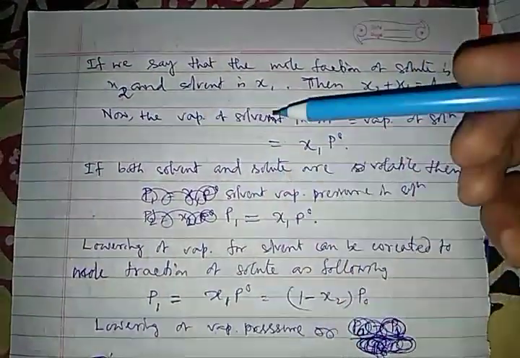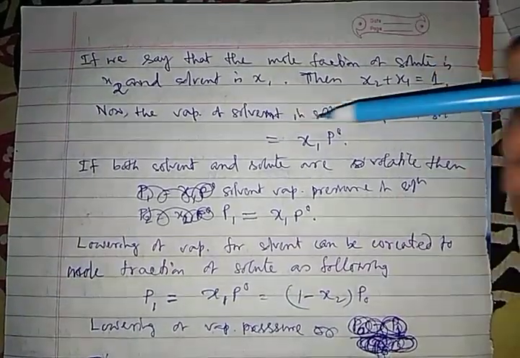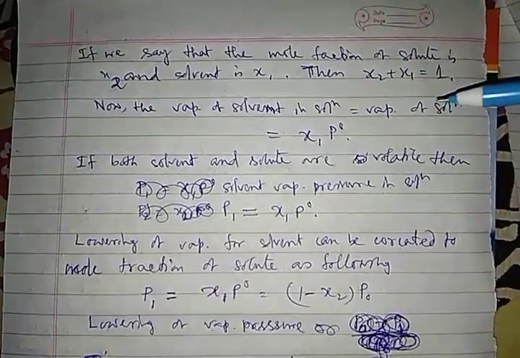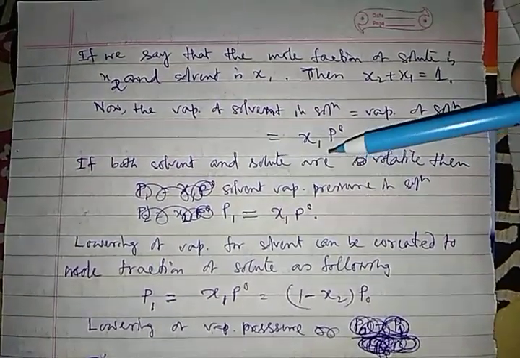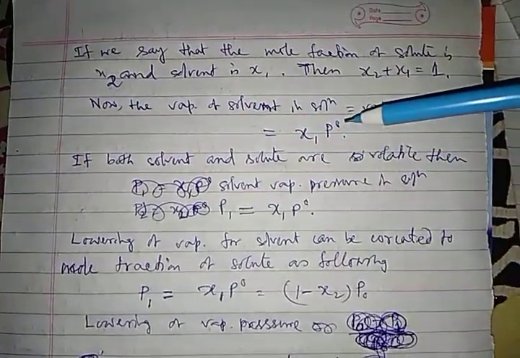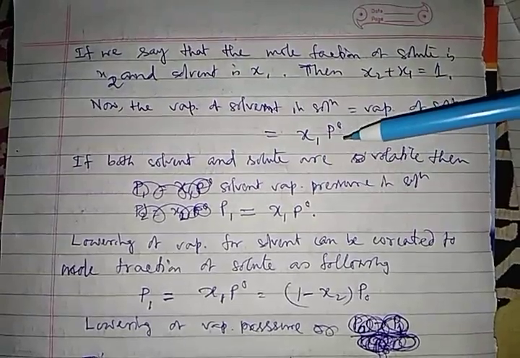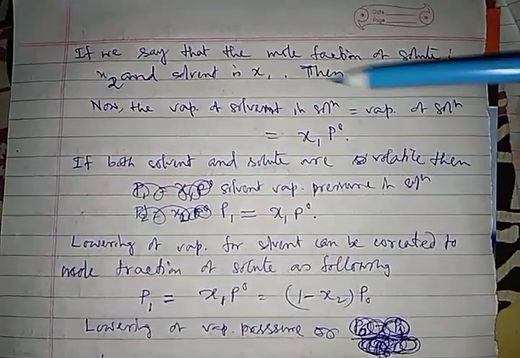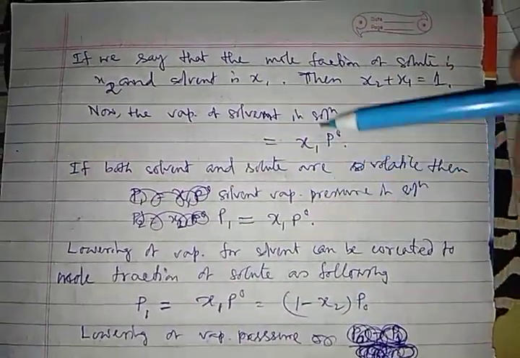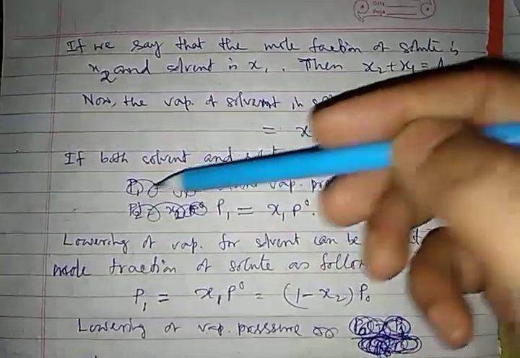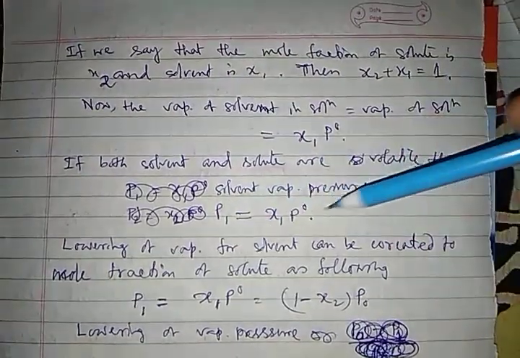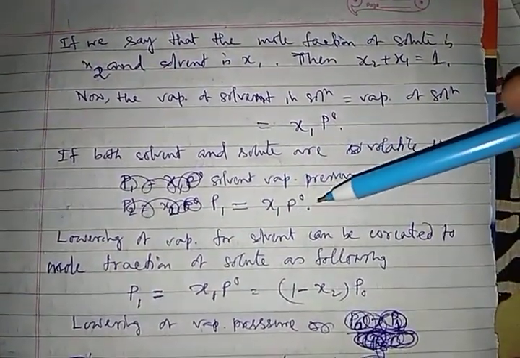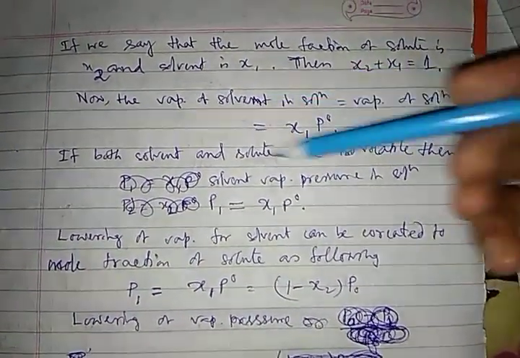Now the vapor pressure of the solvent in solution is equal to the vapor pressure of the solution. Why? Because the solute is non-volatile, so X1 P0 is the vapor pressure of the solution. If both the solvent and solute are volatile, then that will be a different case.